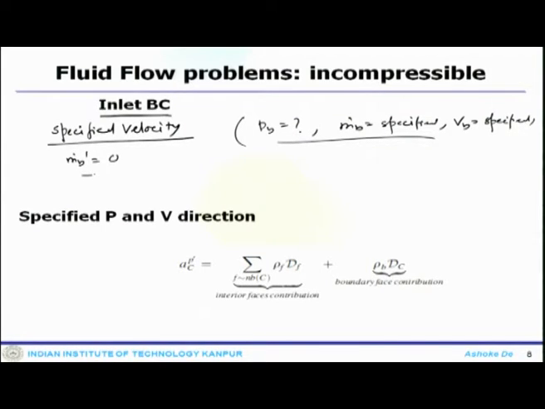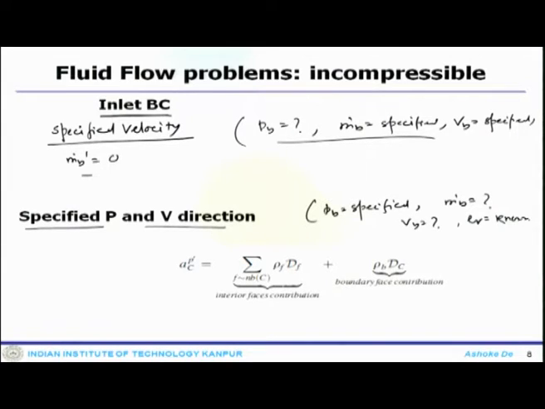Now, another way to do that is you can specify the pressure and the velocity direction. In this case, you have Pb which is specified, and then m dot b is not known, and Vb is also not known; the only thing provided is the direction, Ev, that is the direction of the velocity.